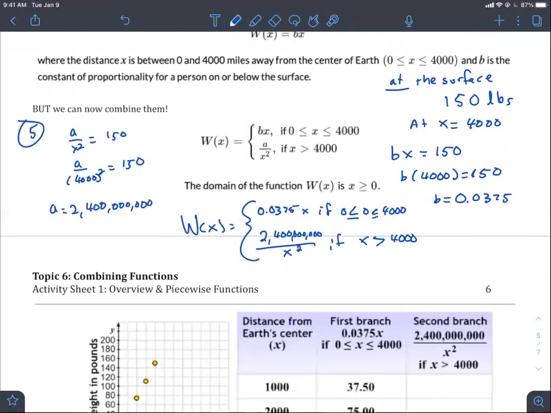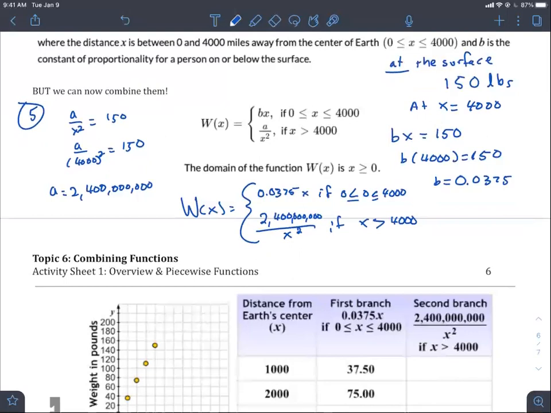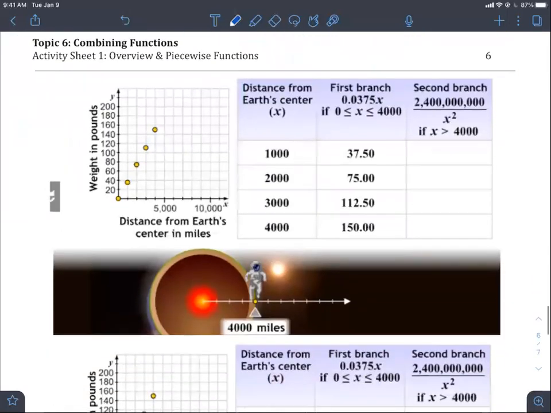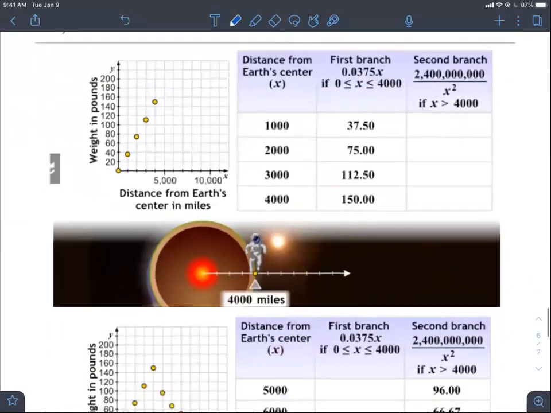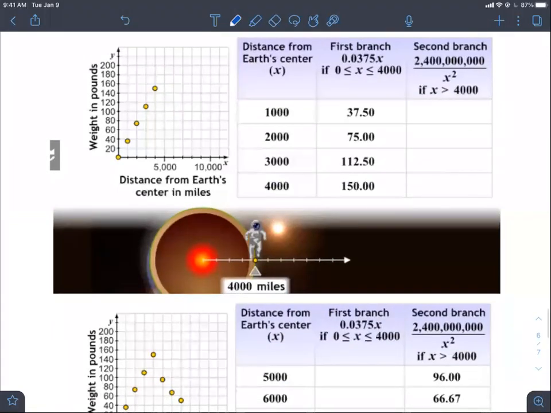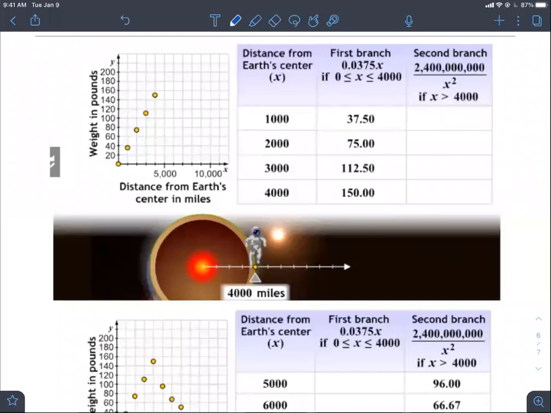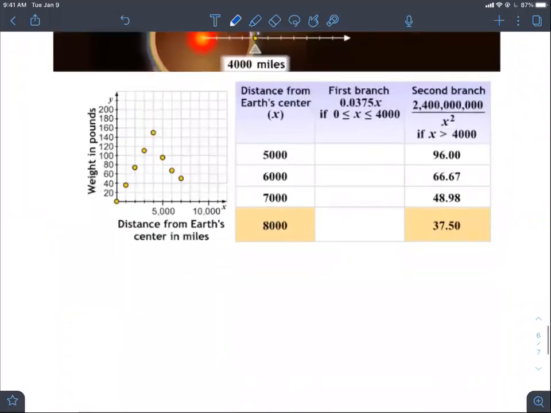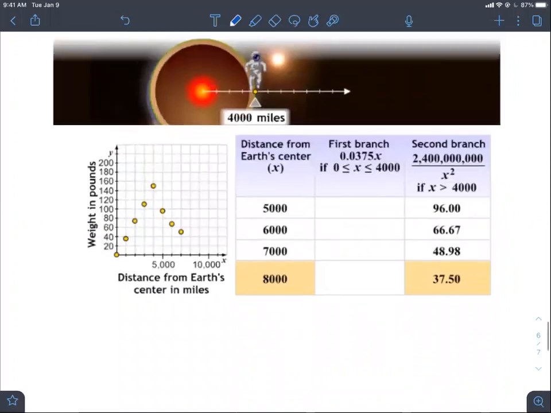Once again, a slightly more complicated piecewise function, but still a piecewise function. And don't worry, I'm going to come back to this. We can see the first half of our data from counting in 1,000, 2,000, 3,000, 4,000, as we go from the theoretical center of the planet to the surface of the Earth and what her weight would be. And then afterwards, going by 1,000 above the surface of the Earth, we're going out in space.